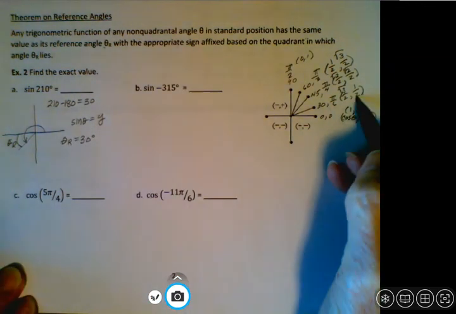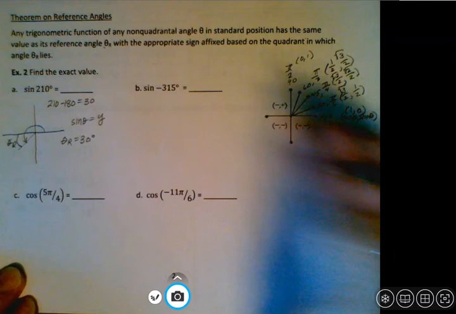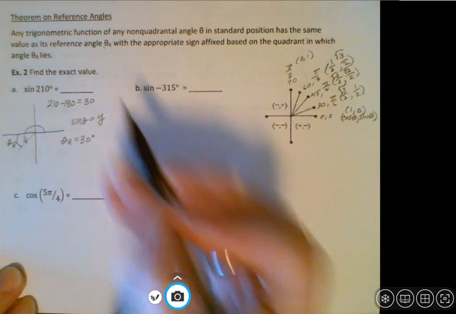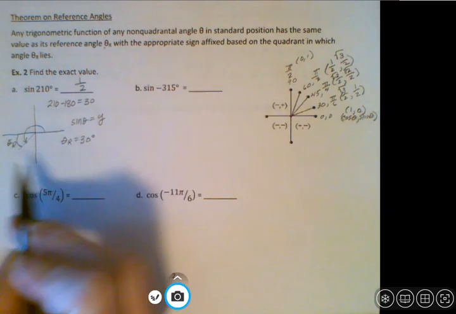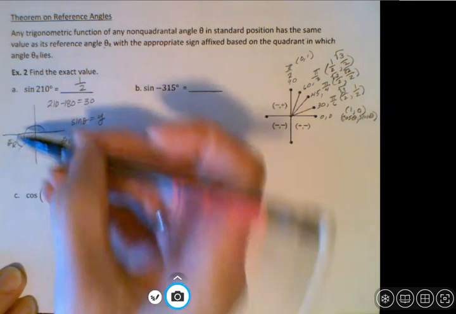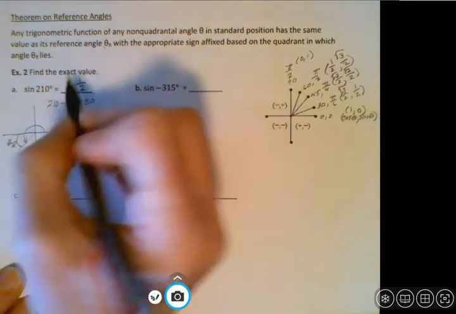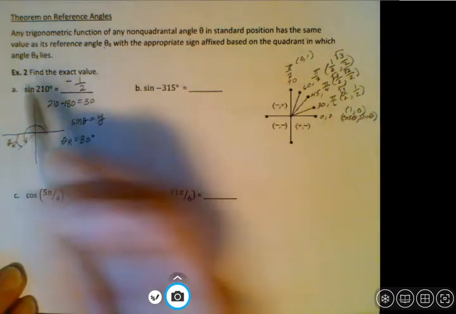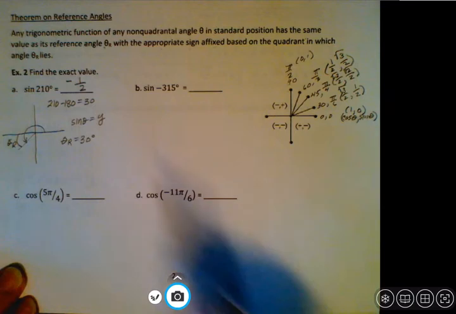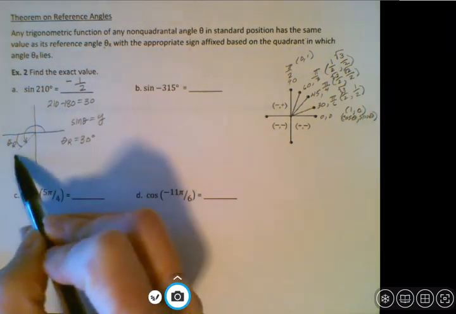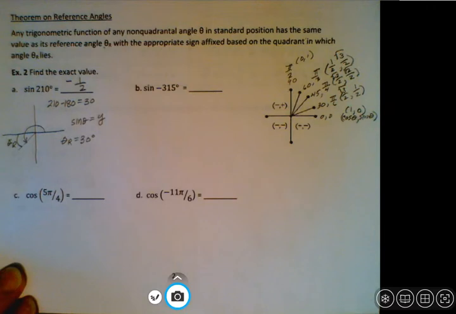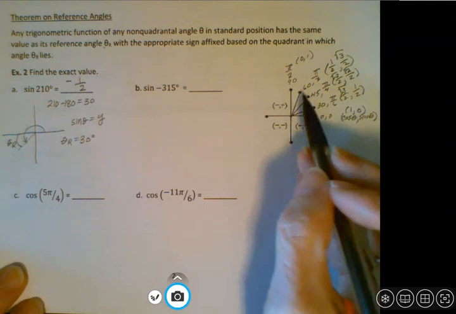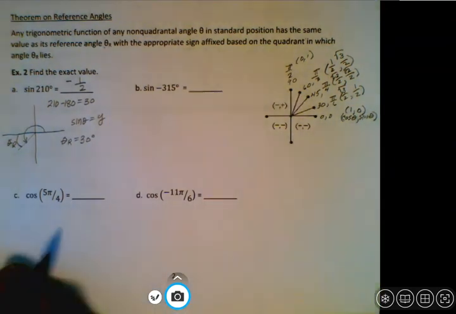So what's the sine of 30 degrees? 1/2. What is the sign on the sine in the third quadrant? Is it positive or negative? Well, we can see y coordinates are negative right here. So that's the last part, with the appropriate sign affixed based on the quadrant in which theta lies. So we needed to say, oh, well, that's why y is negative in the third quadrant, stick a negative on it. That's how we use reference angles to get all these other angles that are outside of our little acute angles here.